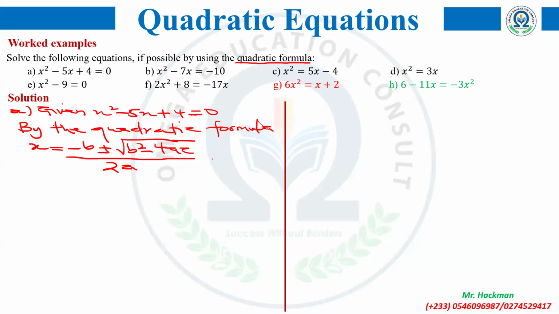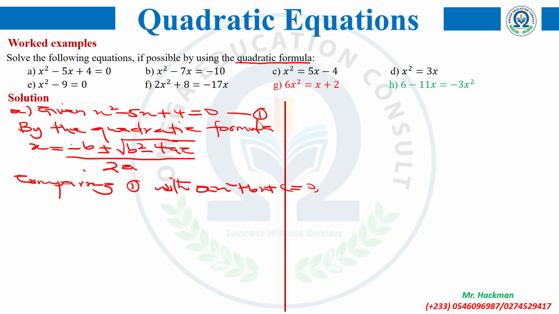I will call this equation 1, and write comparing 1 with our general or standard form of a quadratic equation, as squared plus bx plus c equals 0. If you compare, we are going to get a.